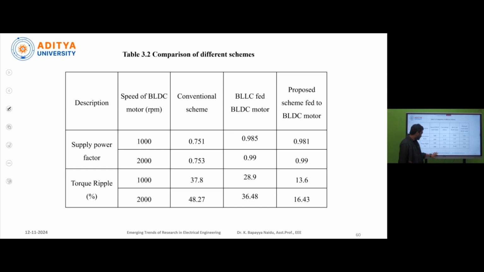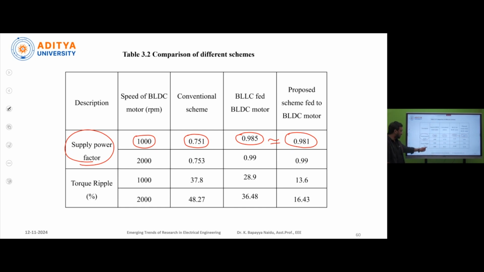Now, these are the different schemes for different methodologies. Okay. Now, coming to the supply power factor. Here, when the motor is running at 1000 RPM, in the conventional scheme we obtained 0.751 power factor, the bridgeless Luo converter for BLDC motor gives 0.985, and the proposed method gives 0.981, which is almost equal.